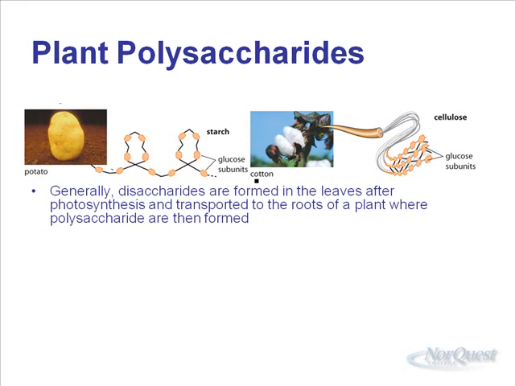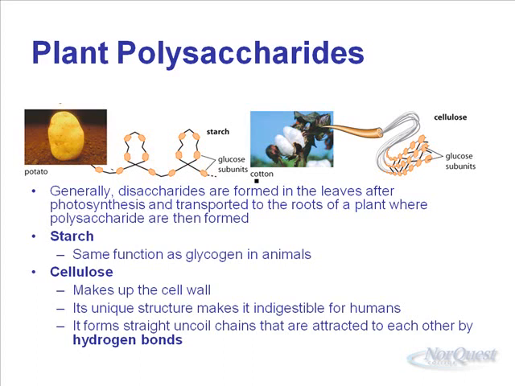So generally what happens is disaccharides leave from the leaves after photosynthesis, and they're transported to the roots of plants where the polysaccharide is then formed. So starch is the same idea as glycogen. Cellulose makes up cell walls.